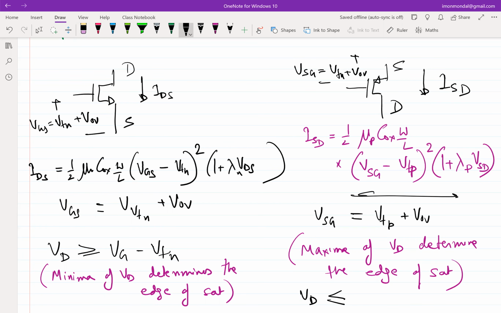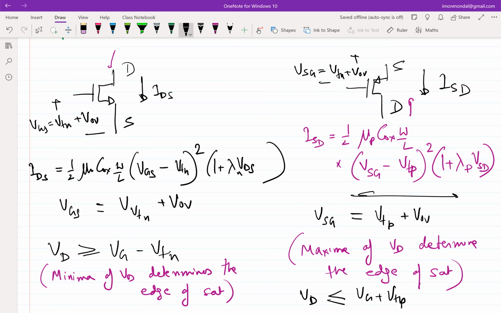Okay, so what do you think this condition will be? In case of an NMOS, the drain could have gotten one threshold voltage lower than gate, right? So in this case, drain can get one threshold voltage above the gate. Correct? So VD has to be less than VG plus VTP.